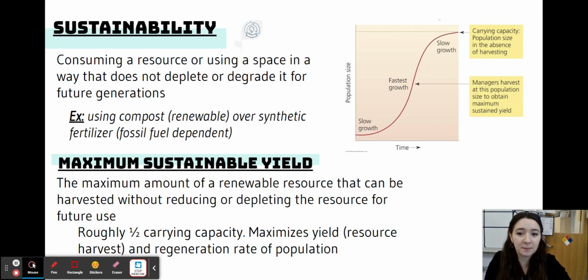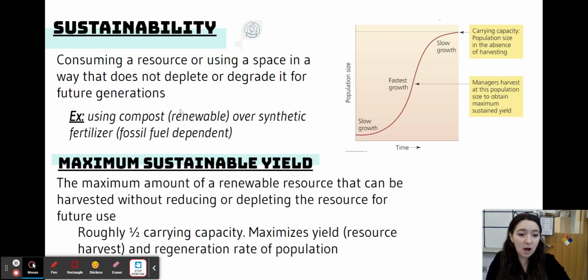Oil and coal are examples of non-renewable resources. Non-renewable resources do not form very quickly. It takes a very long time for them to be made. And when we have non-renewable resources, we are using them faster than they can be made or produced. So we are not using fossil fuels such as coal or oil sustainably. We are depleting them or degrading them or using them up too fast.